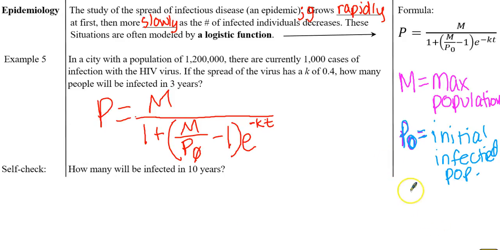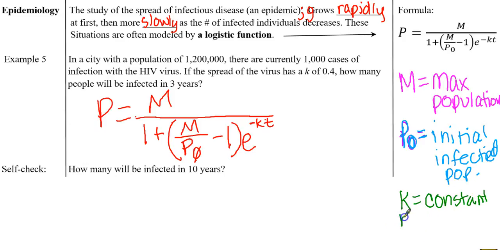And then K, while it's a constant, is usually provided to you. Let me write down that it's a constant first. It has a lot to do with the incubation period, because usually if something takes 2 days to incubate, it takes 2 days to incubate, you know?